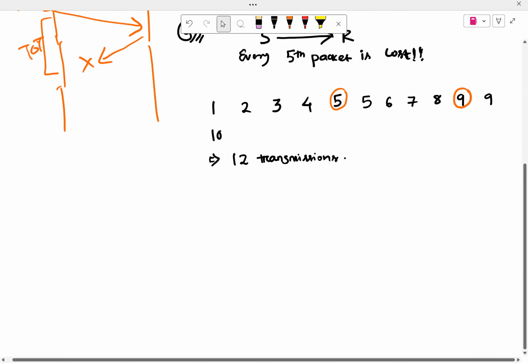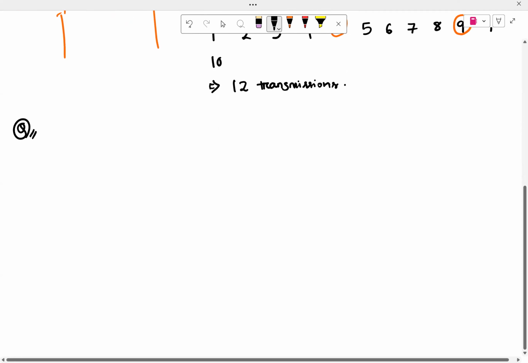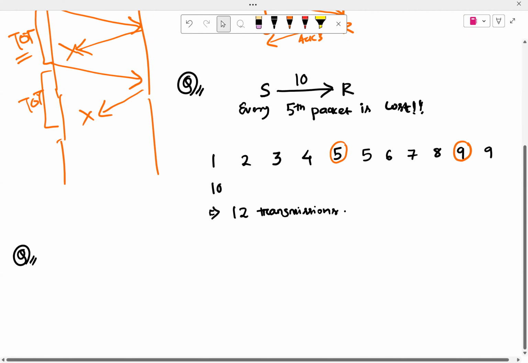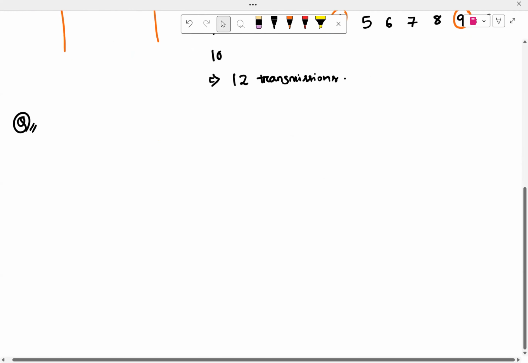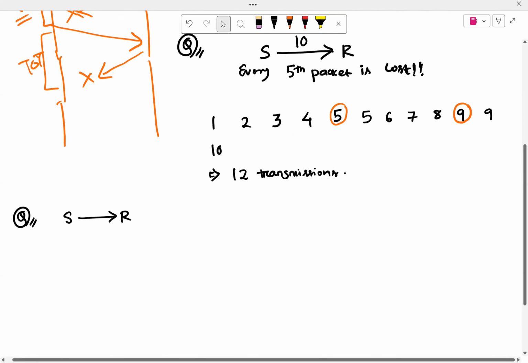Okay. So let's solve the similar question. Where instead of fifth, let's say every fourth packet is lost. So let's try to find out the number for that.